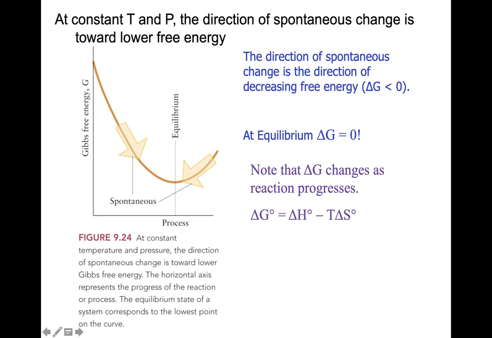All of those things are connected via the definition of free energy. So now we find that anything with a positive delta G would be non-spontaneous, and if we have a negative delta G, it would be spontaneous. So it's always flowing in this direction of minimizing the free energy.